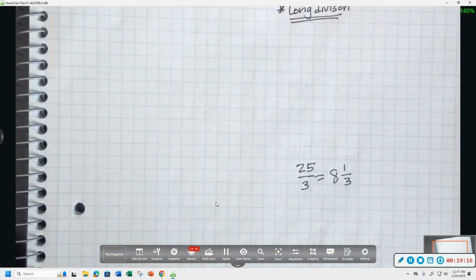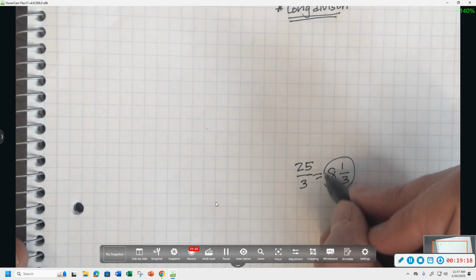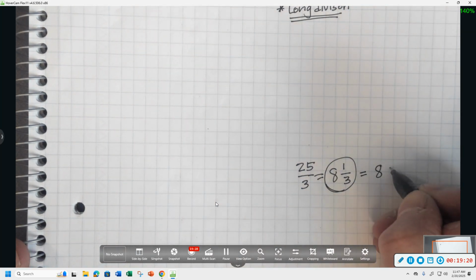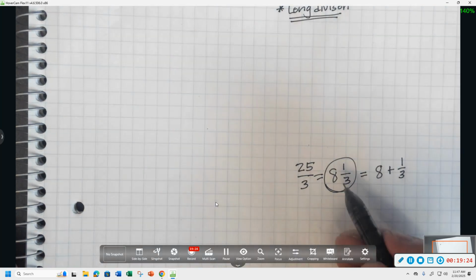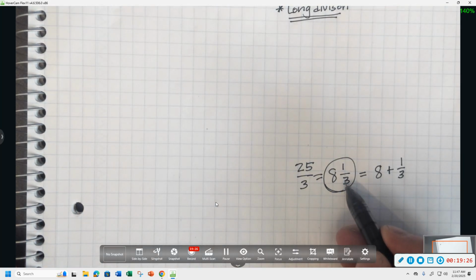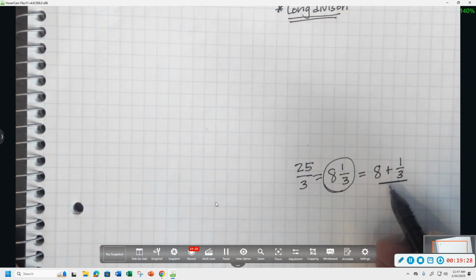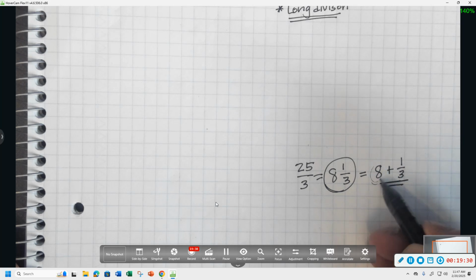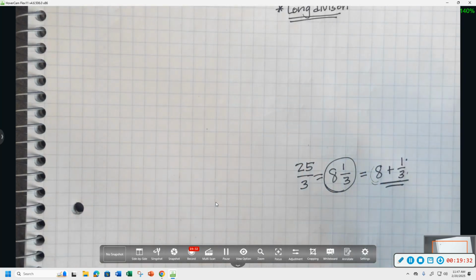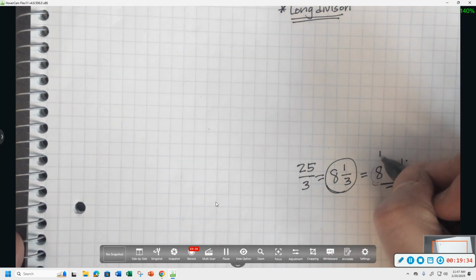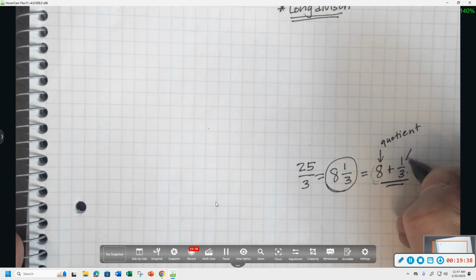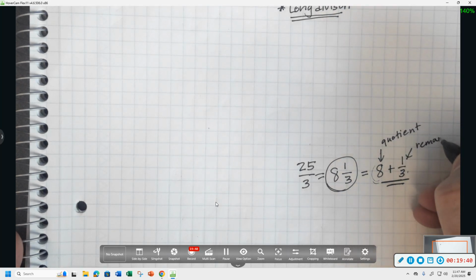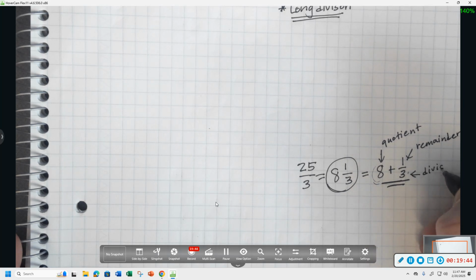Mixed number kind of deal. And would you also agree that when I write this, technically what I should write is 8 plus 1/3? Because when I write it like this, it looks like multiplication. But this is in actuality what we're talking about. We have 8 whole parts, and then we have 1/3 of a group left over. So this is our quotient. The 1 is our remainder. And the 3 is what we divided by, our divisor.